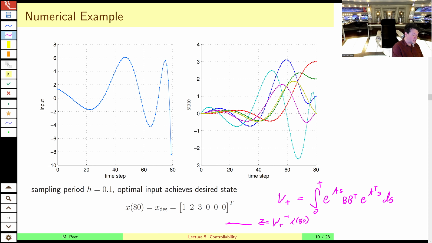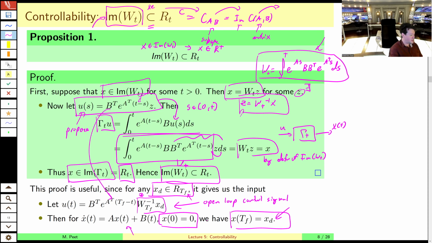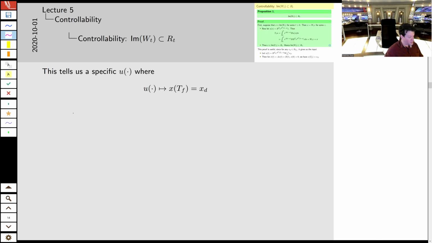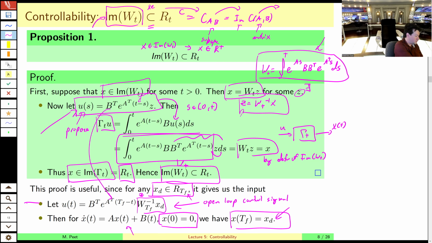And then we use that to get our input signal u of t using the formula from right here. Use that formula there to provide our input.